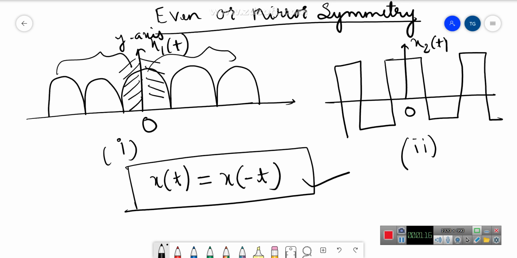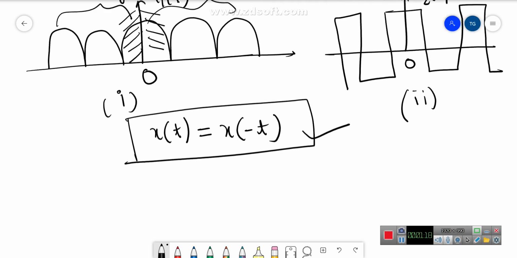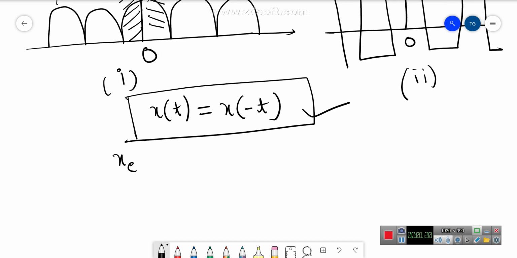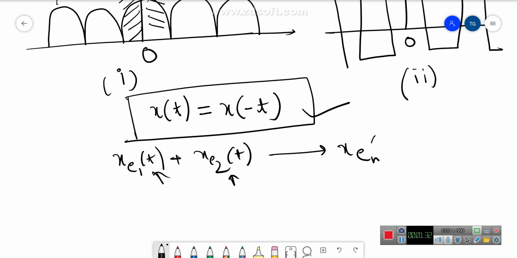Now the sum of two even functions, xe1 of t plus xe2 of t, two kinds of even functions that we are summing up, will generate another even function xe of t. So the sum of two even functions will again give an even function. If we add a constant to an even function, it will again generate an even function.